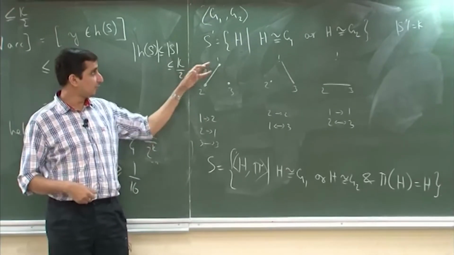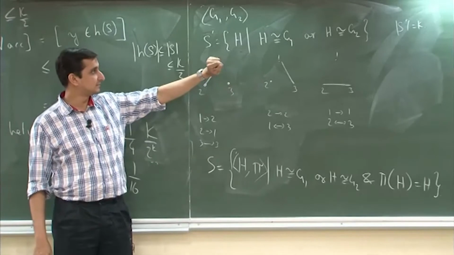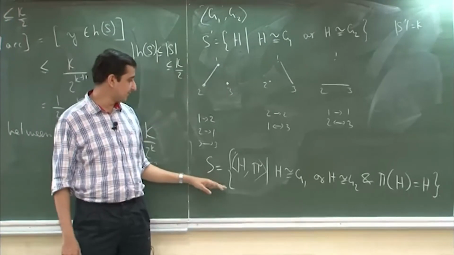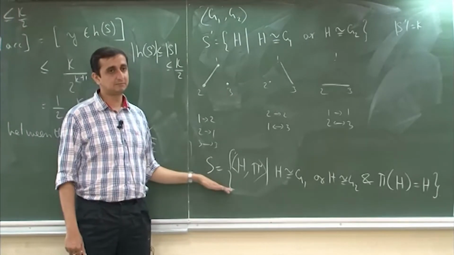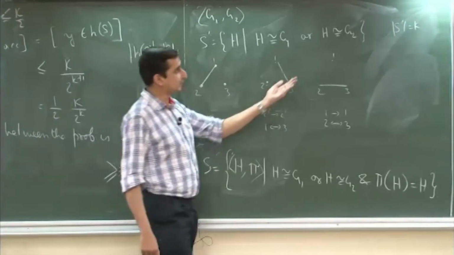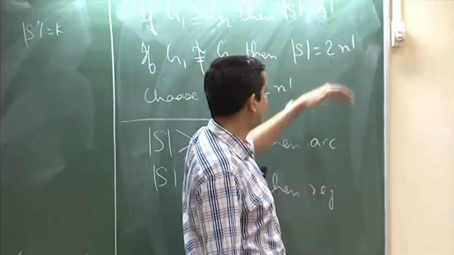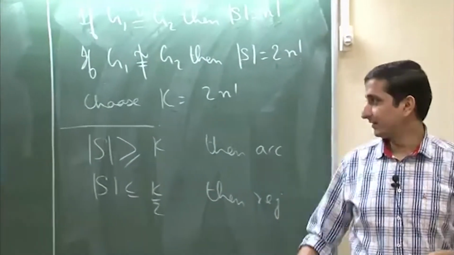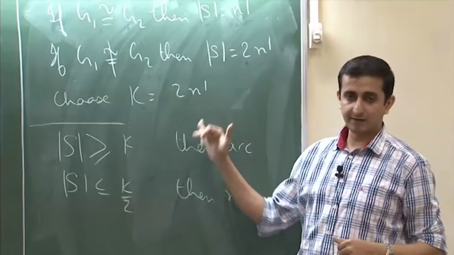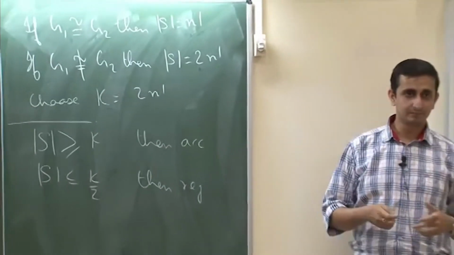But what will allow us to have sets of size m and 2m is if we model the set in this fashion. Once we have sets of size n factorial and 2n factorial, we just set k to be 2n factorial and run the whole protocol.